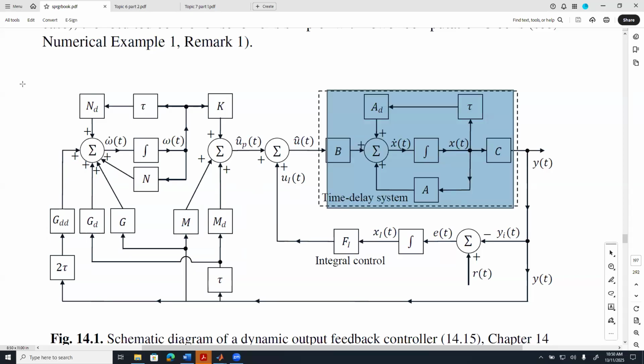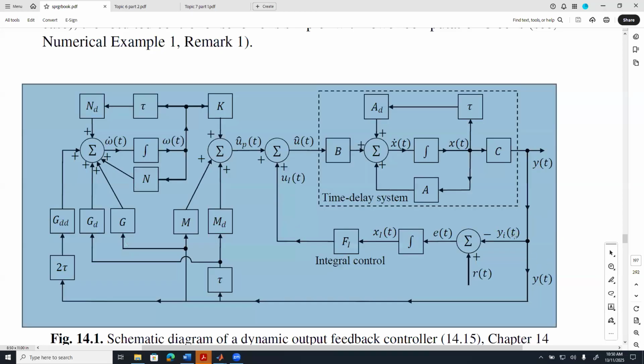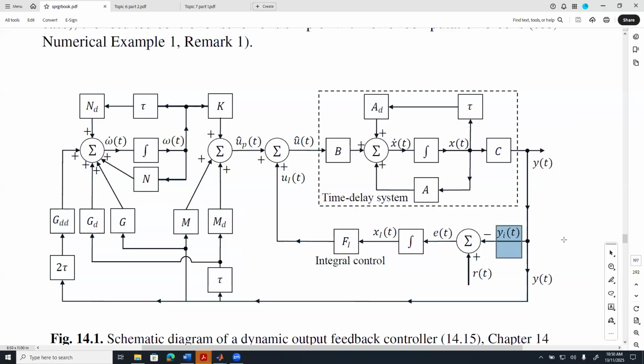And with this scheme, we ensure that the output, which is this output here, will asymptotically track this reference command input. This reference command input is a step reference command input, okay?